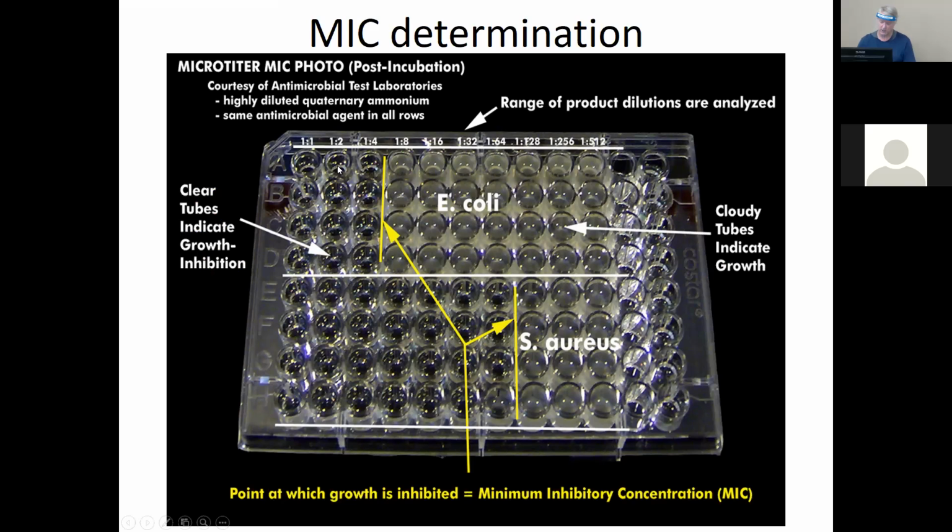The higher concentration here, get out to there where the first one shows up. The point at which growth is inhibited is the minimum inhibitory concentration.